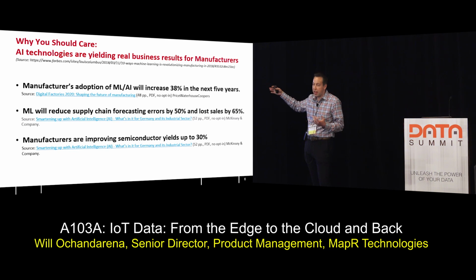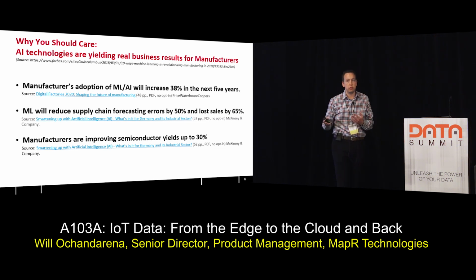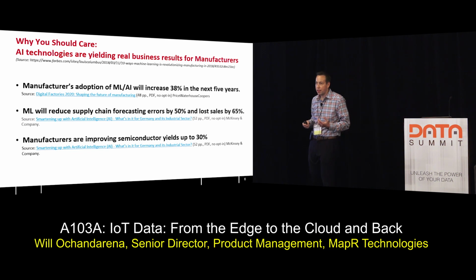So the first one is just everybody's doing it, so it's the FOMO piece of it, but going down, reduce supply chain forecasting errors by 50%, lost sales by 65%. This stuff is specific to manufacturing, but the same sort of research exists in all of the different industries. And manufacturers are improving semiconductor yields by up to 30%.